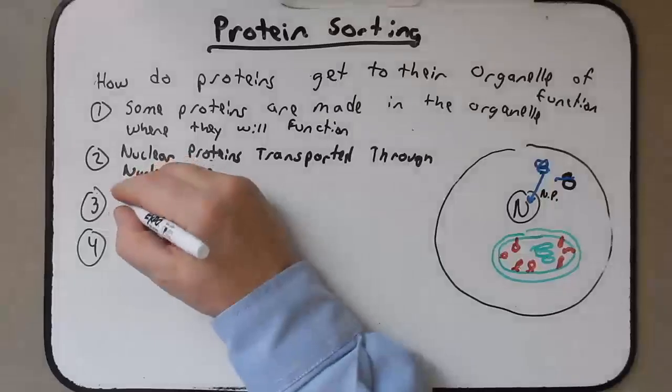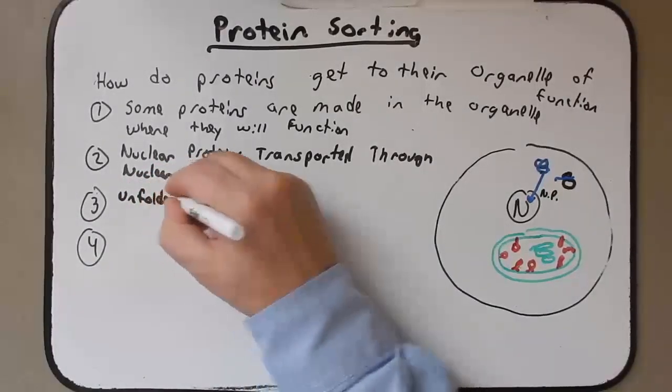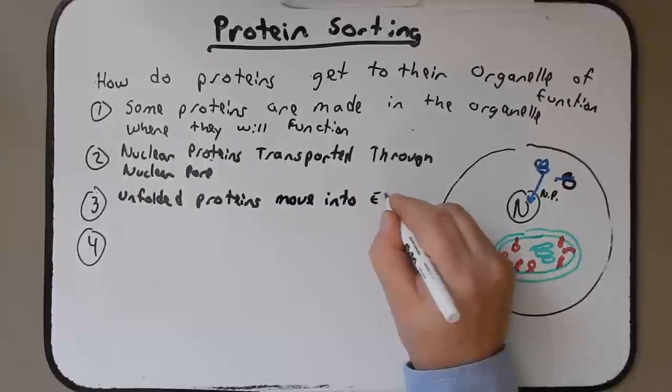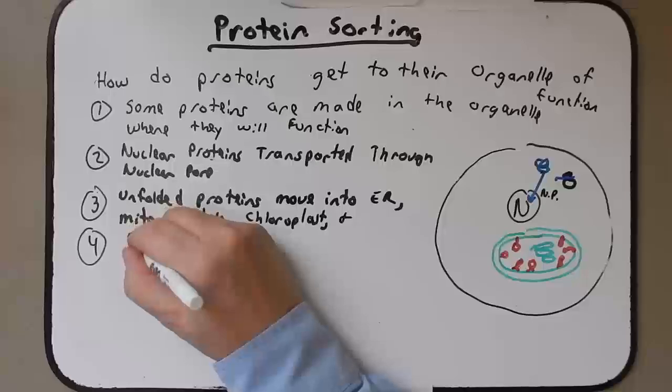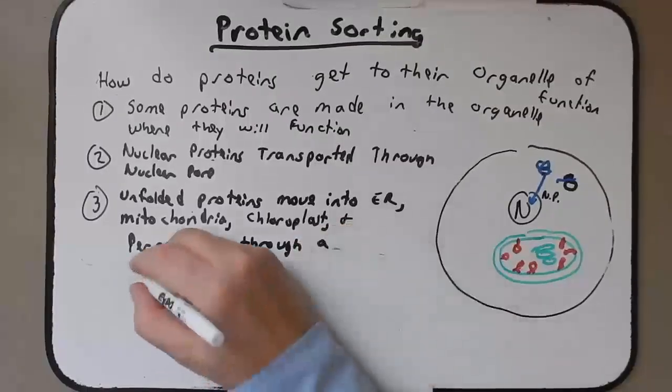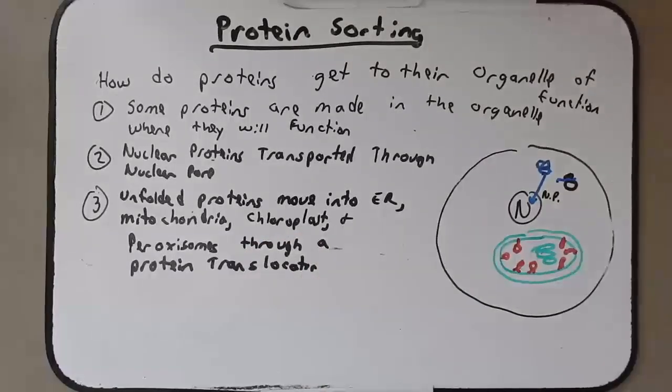The next way is unfolded proteins move into the ER, mitochondria, chloroplast, and peroxisome through a protein translocator that's located on the membrane.